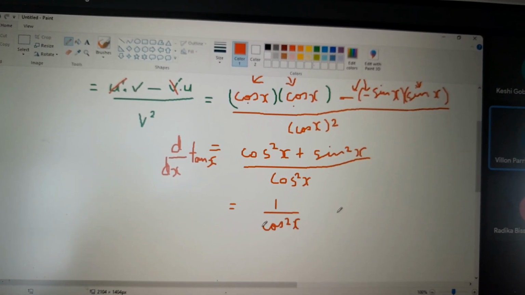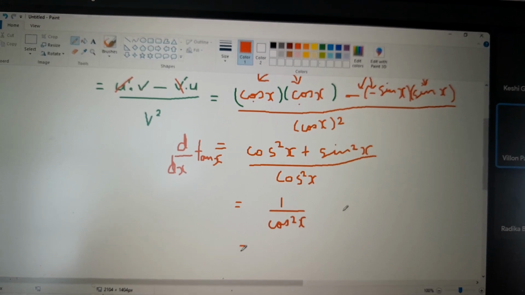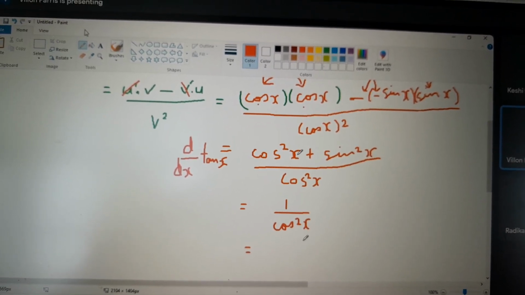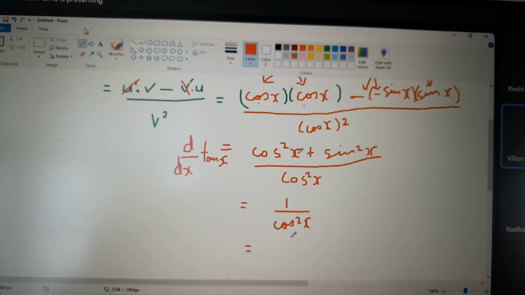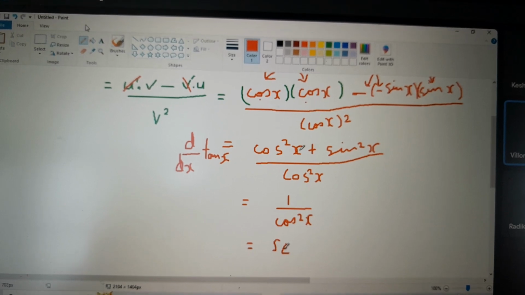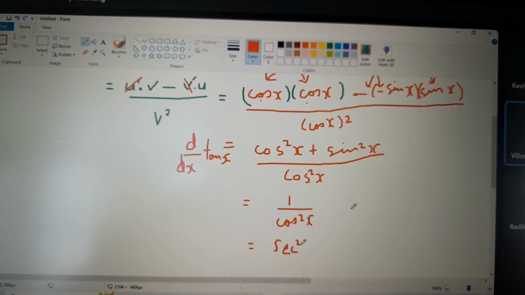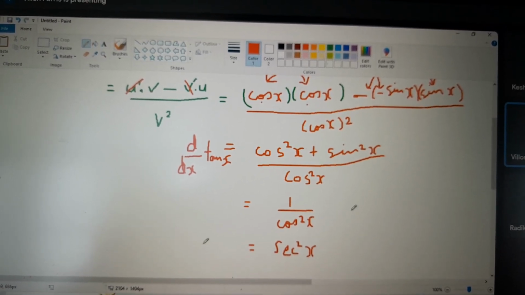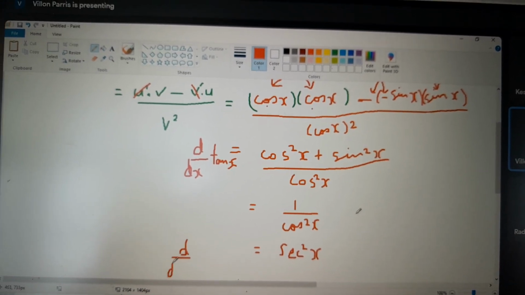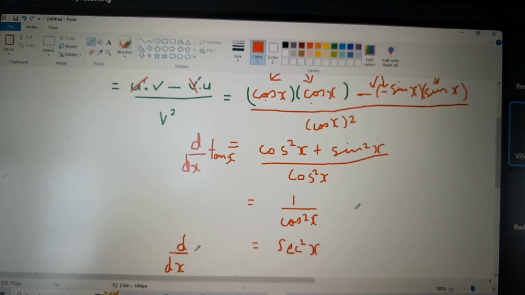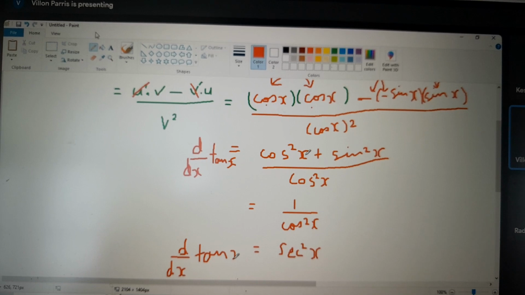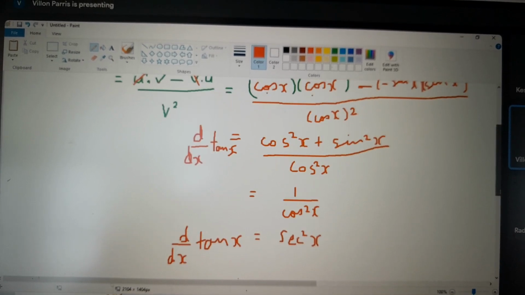Now 1 over cos x is actually sec x. So 1 over cos squared x would be sec squared x. So that's the derivative of tan x. Whenever you differentiate tan, this is what you get: sec squared x, right? Is this good with everyone?